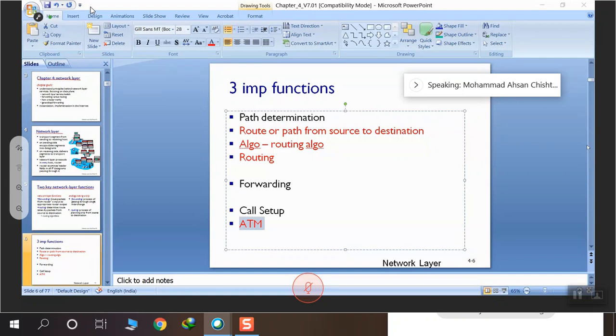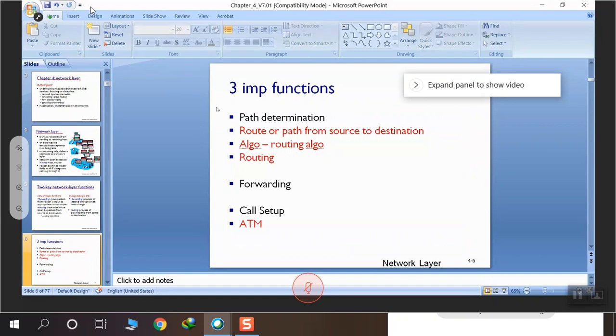The sender and the receiver decide to set up the connection between the two. So it's a connection oriented service there. But there is some connection oriented service in the network layer also. So I can ask you, what is the difference between the connection oriented service of the network layer as compared to that of the transport layer?